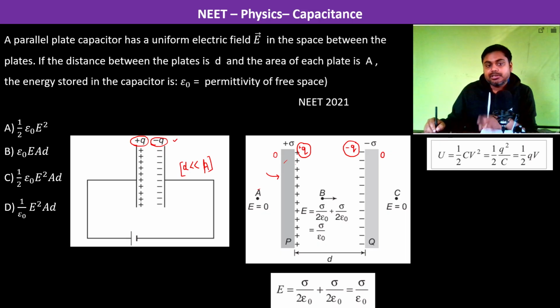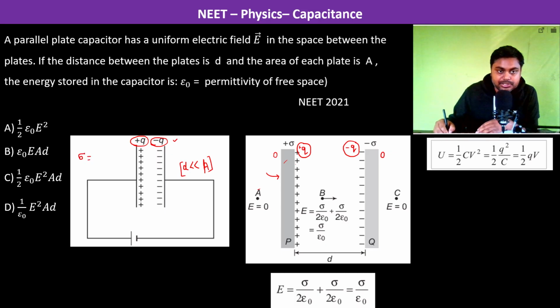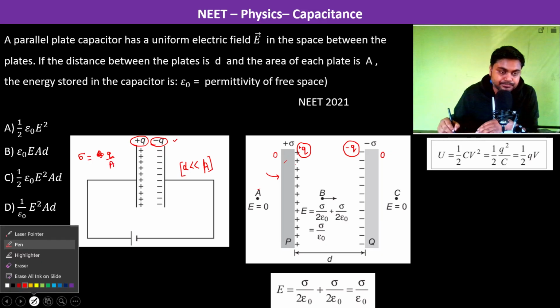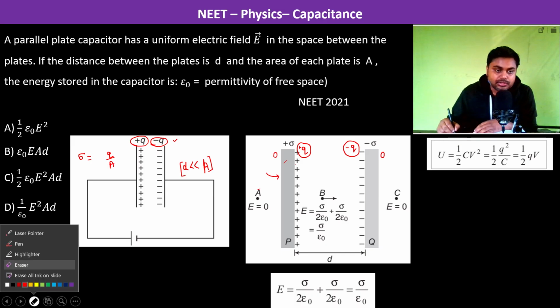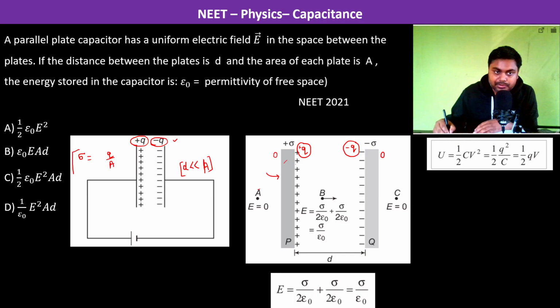Now what is sigma? Sigma is the charge density, which is Q, whatever the charge has been accumulated, divided by A. So just to summarize whatever we have discussed till now. Plus Q and minus Q is the charge present, and therefore the charge density becomes sigma.